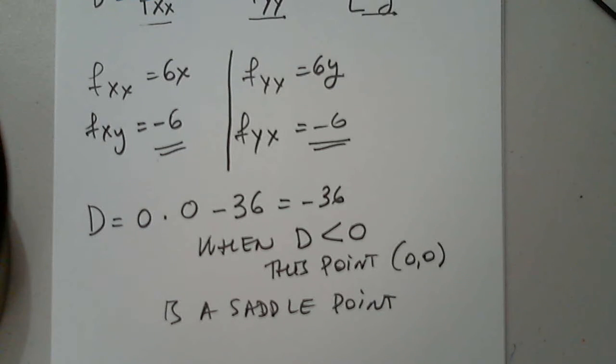So this point is not a max, is not a min. When the D test gives us a negative number, D is less than 0, it's not a max, it's not a min. For some reason they don't say, but this is a saddle point. Okay, good. Back to 576.